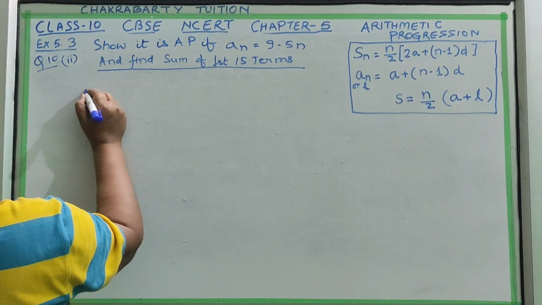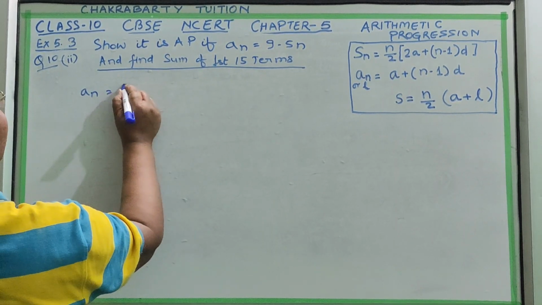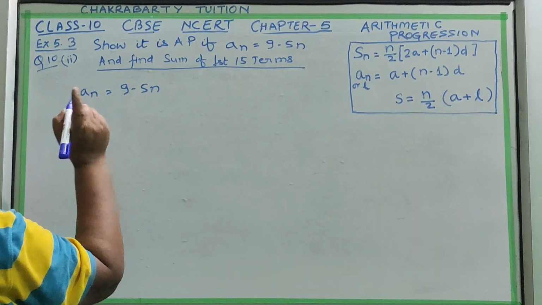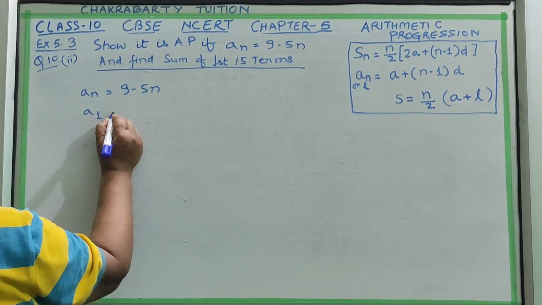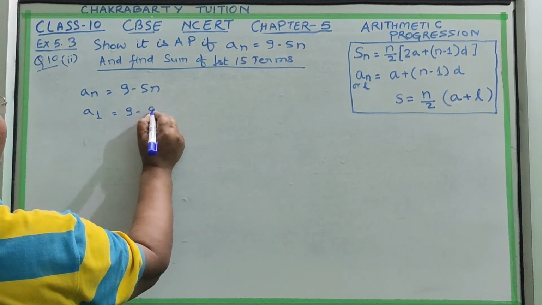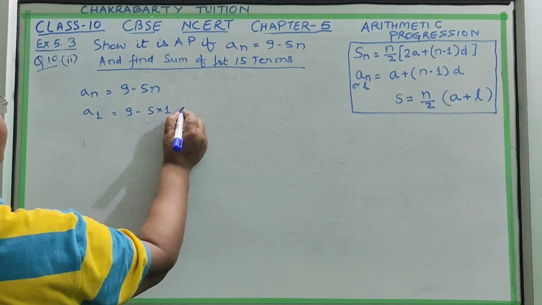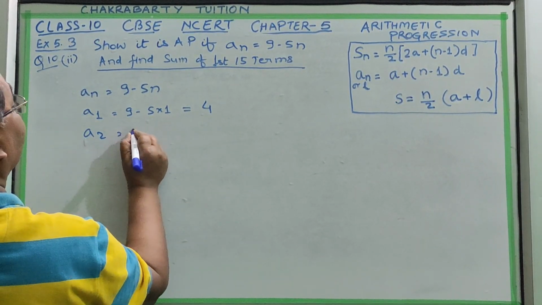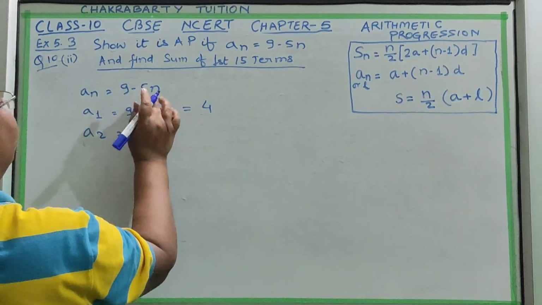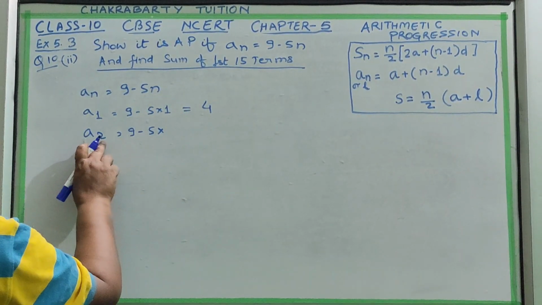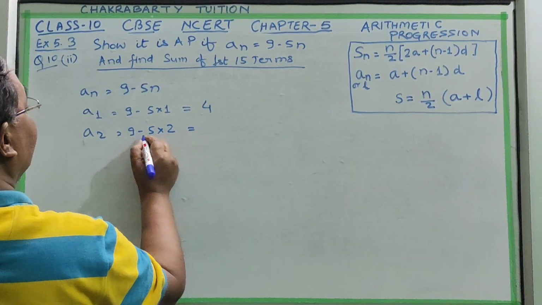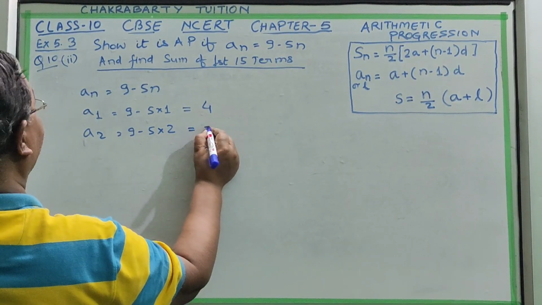So an is equal to 9 minus 5n. Now take n as 1 first. So a1 is equal to 9 minus 5 into 1, so a1 is equal to 4. Then a2 we have to find out: 9 minus 5 into 2, in place of n we are putting 2, because every time we are changing n.